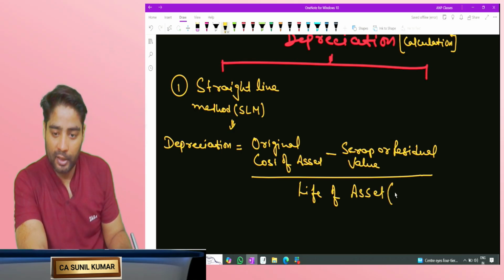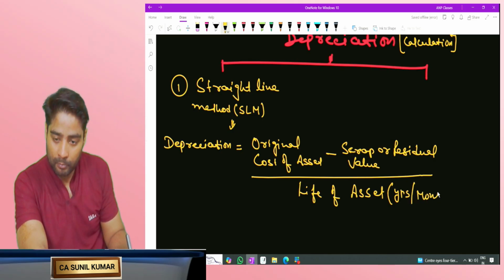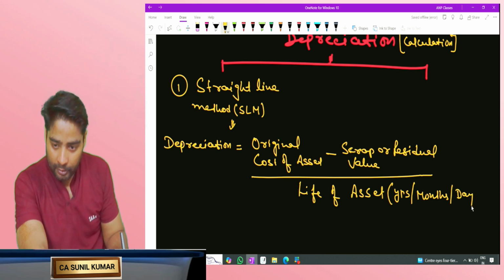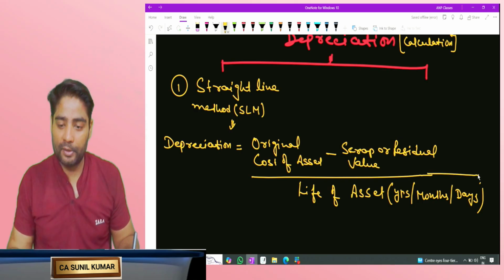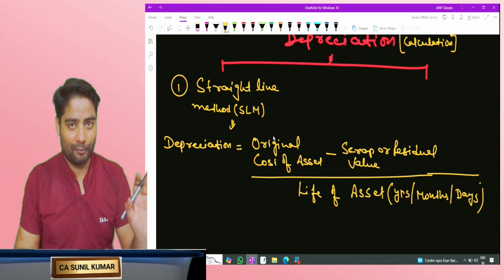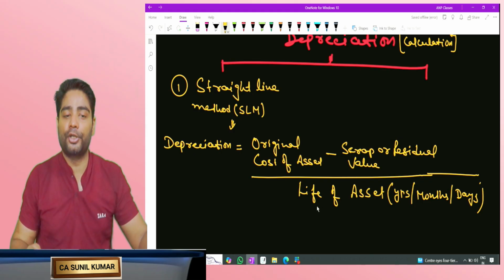The life can be, generally, in terms of years, but it can be in terms of months or days. But generally the question of depreciation will be for the years, not for the months or for the days. Okay, so how do we calculate depreciation under straight line method?